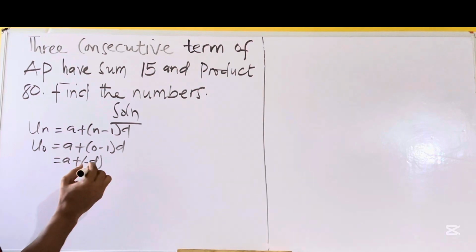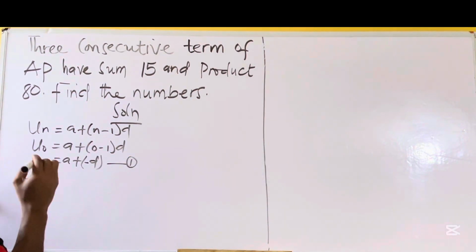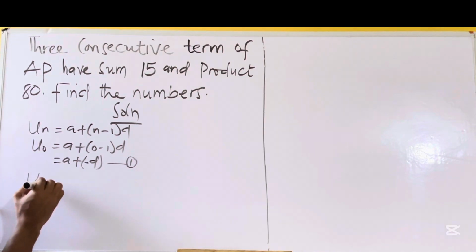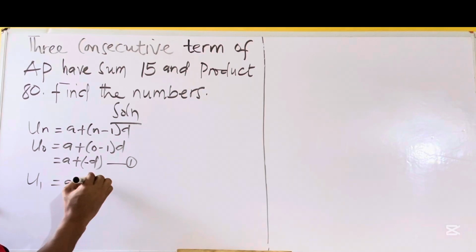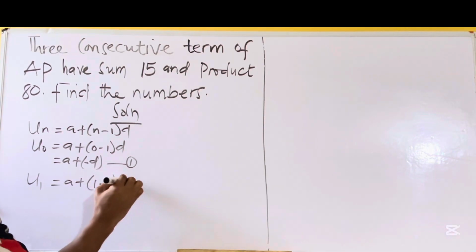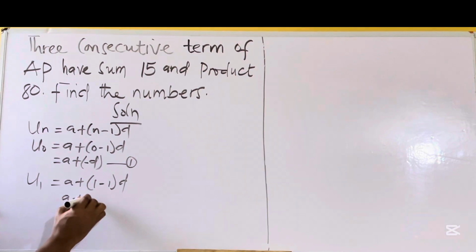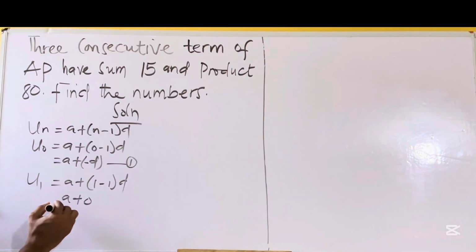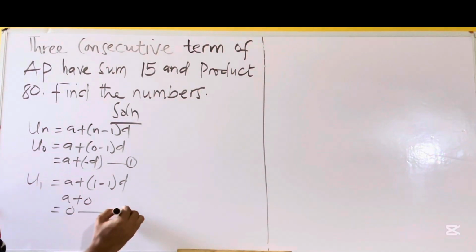So this becomes our first term. Now let's have our second term, n to be 1, which gives a plus 1 minus 1 d, giving us a plus 0. So our second term is a.